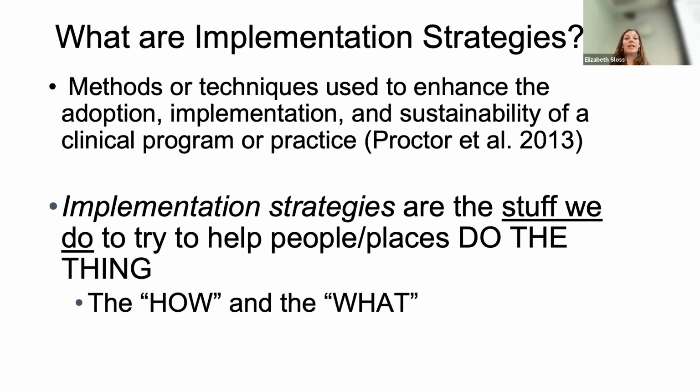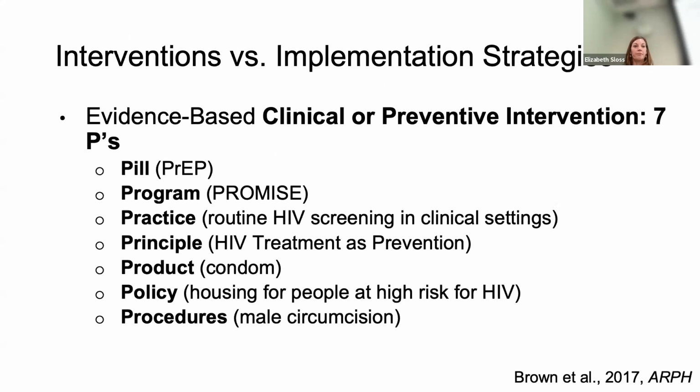They are the stuff we do, the things we do to try to help people or places do the thing. Another way to think about that is the how, or the what, right? Implementation strategies are distinct from your intervention or your evidence-based thing. They should also have some evidence for them.